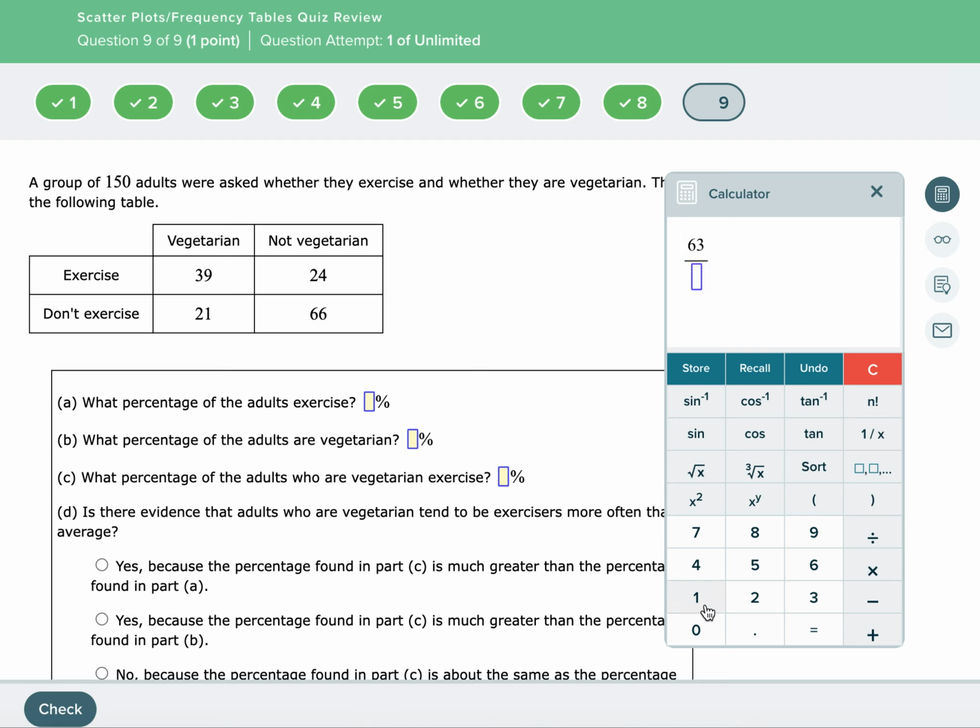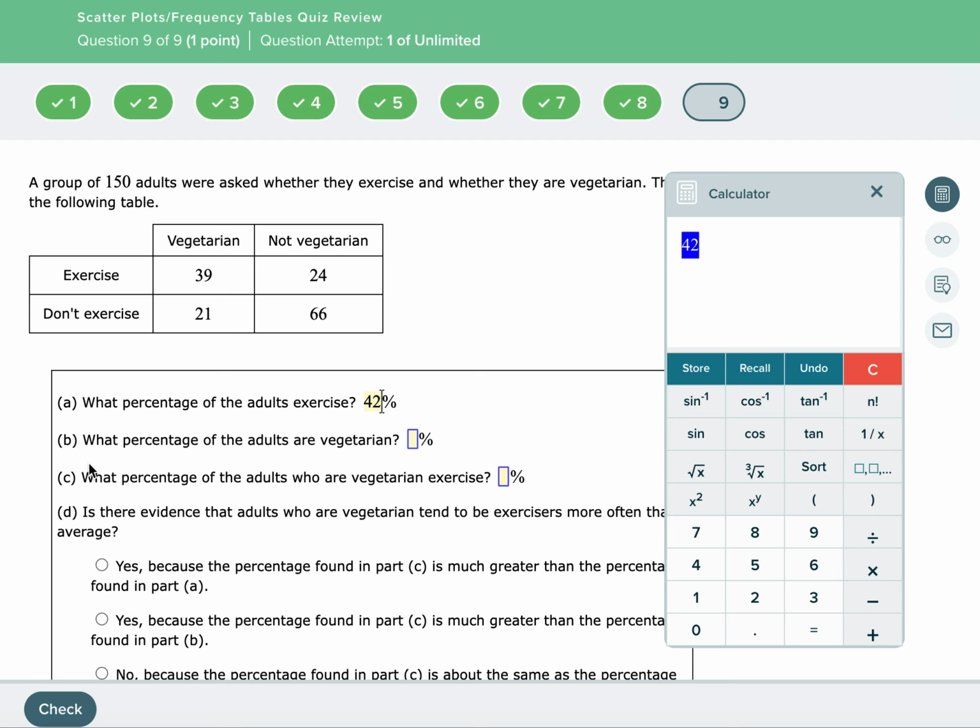So divided by 150, and this gives us 0.42. This is a percent. So remember, you can either move the decimal place over 2 spaces, or you can multiply it by 100. They get you the same place. So we have 42% of the adults exercise.